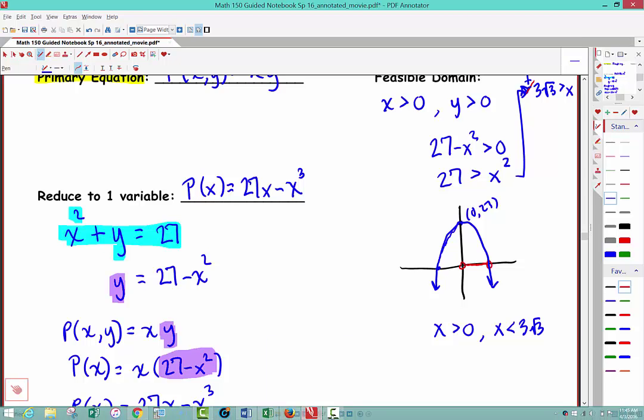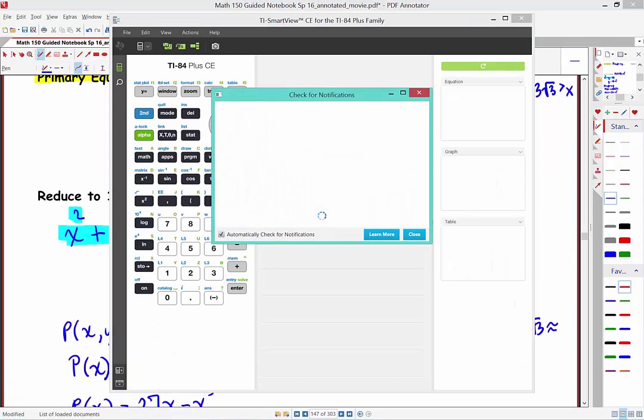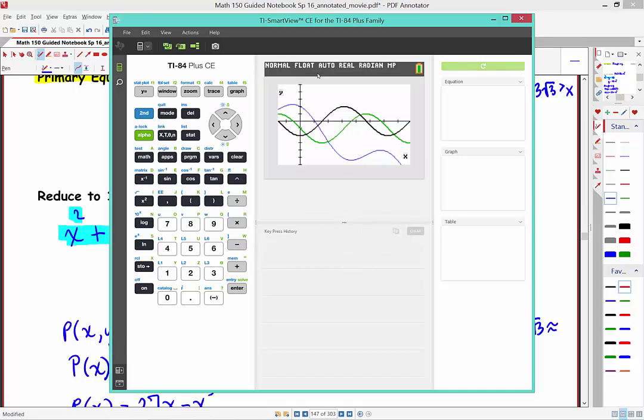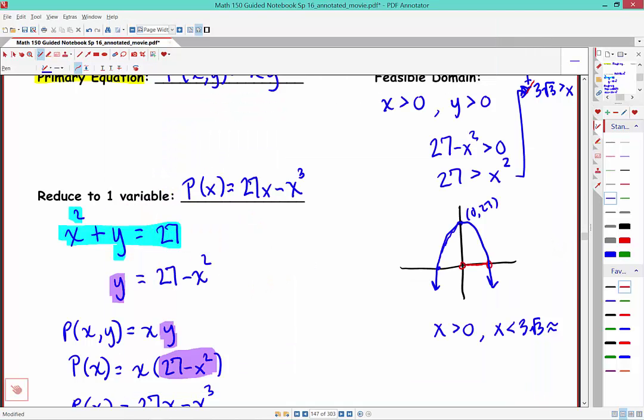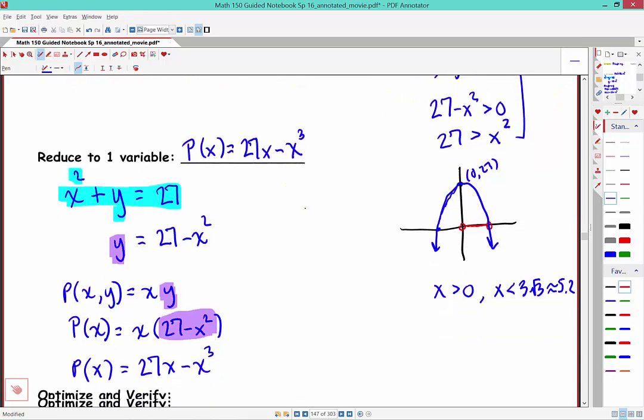3 root 3 is, get the calculator going, approximately 5.2. All right, so here we go.